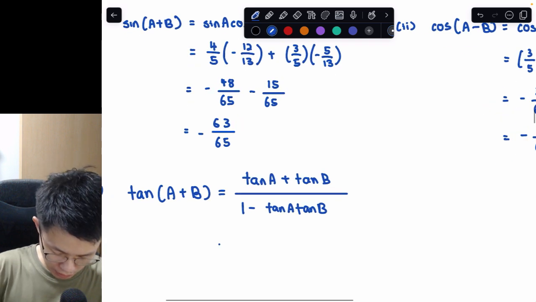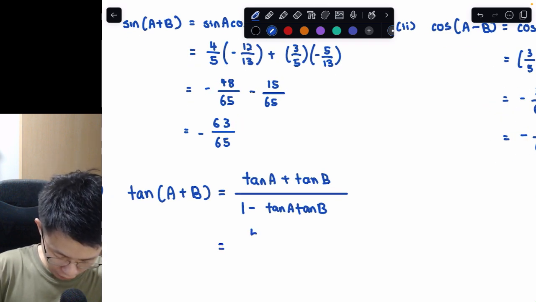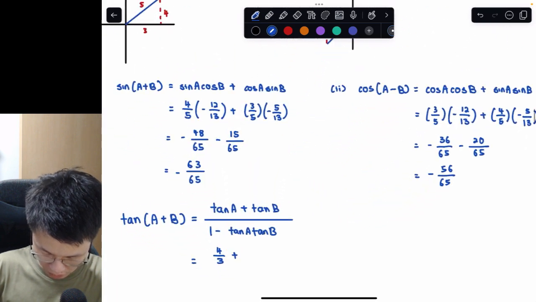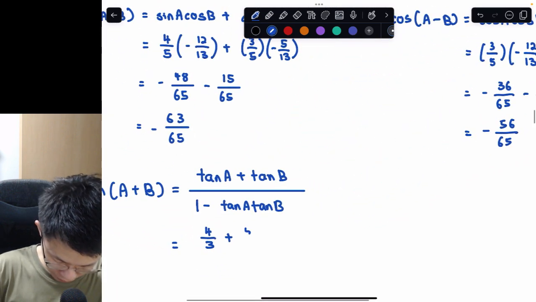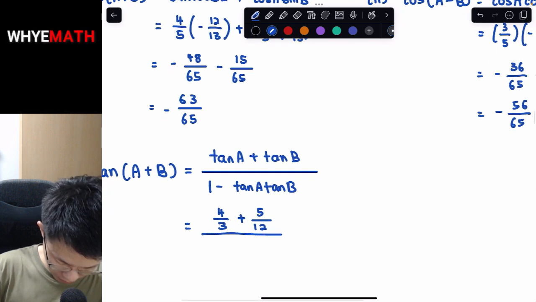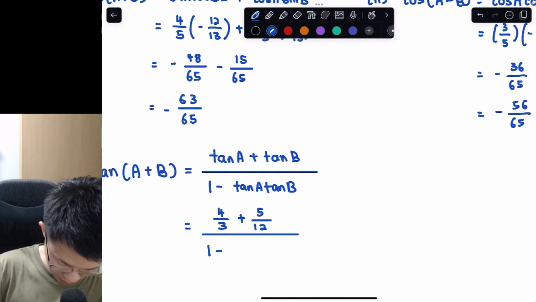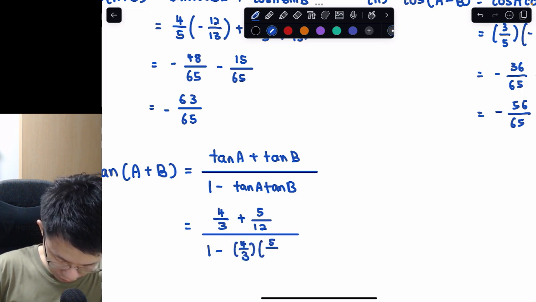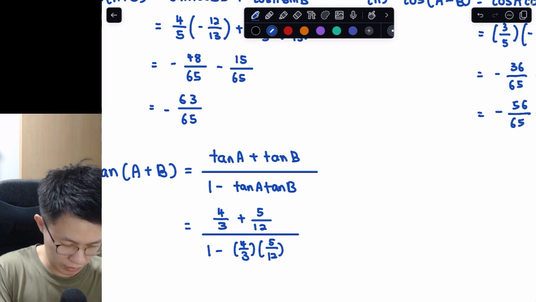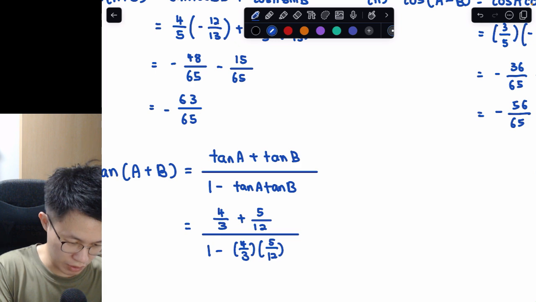So tangent A is 4 over 3. Tangent B is also positive here, which is 5 over 12. Divided by 1 minus 4 over 3 times 5 over 12. In this case, when the fraction is hard, just use your calculator to do it. Don't bother trying to reduce it.